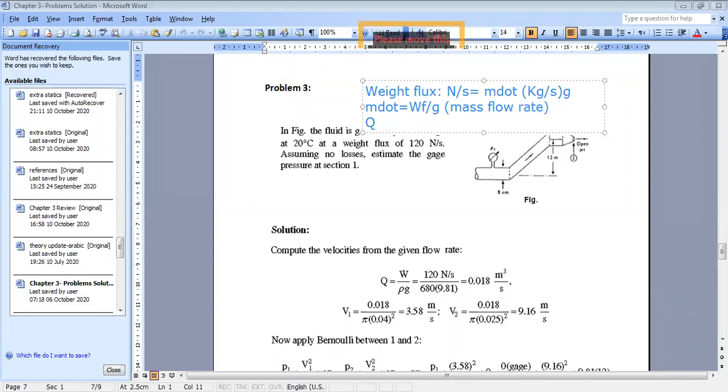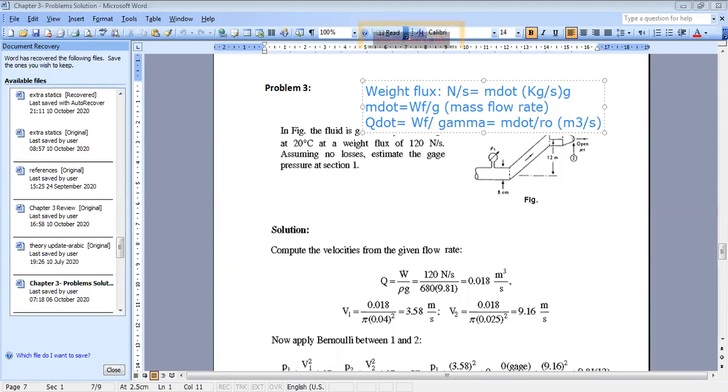Okay, if you want the volumetric flow rate q dot, it will be equal to the weight flux over gamma, which is equal to m dot over rho, okay? And in this case, the unit of the volumetric flow rate will be meter cube per second.